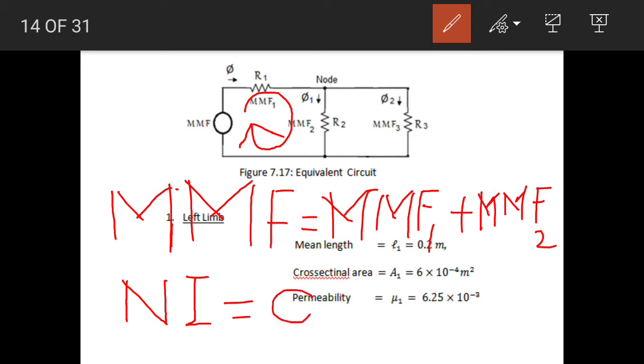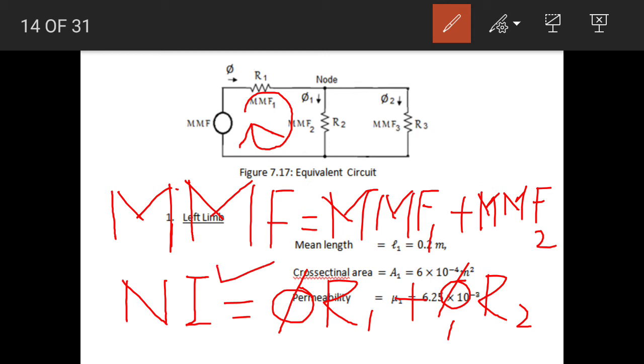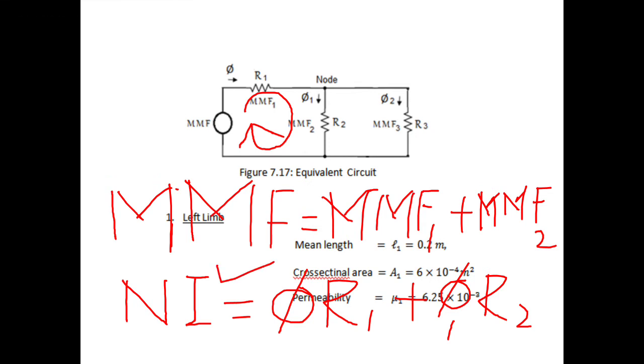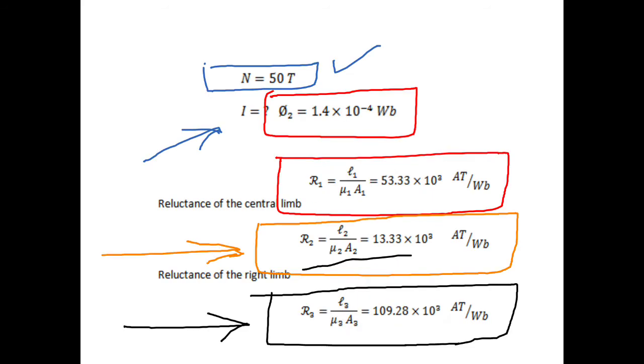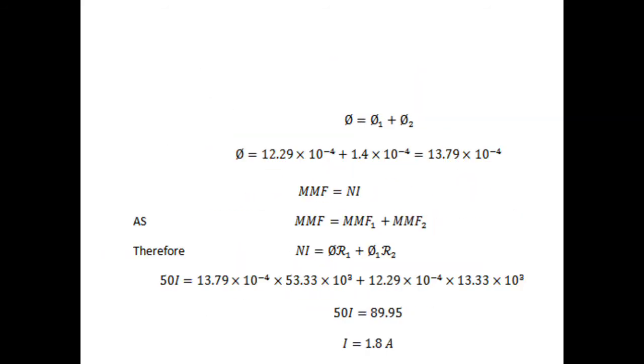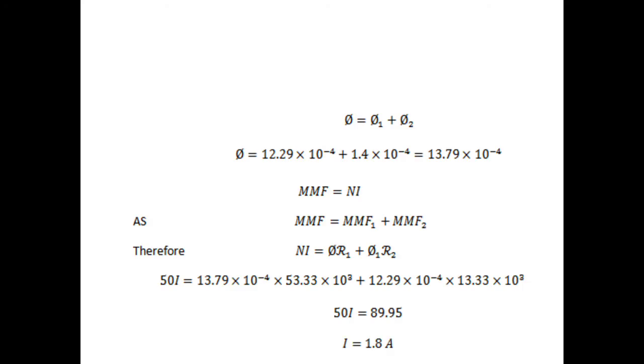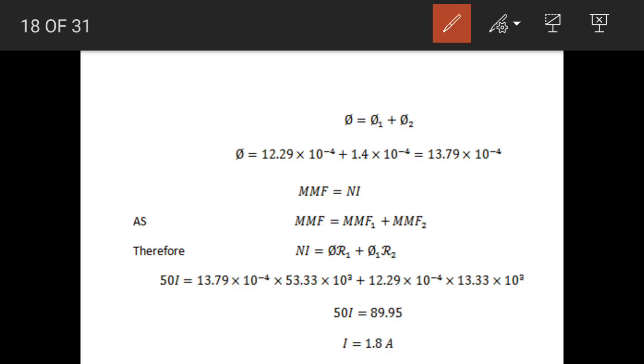MMF1 will be equal to phi R1. You see the magnetic flux in R1 is phi. And MMF2 will be equal to phi 1 R2. Everything on the right hand side is known. We can calculate the unknown current with the help of this particular equation. So we apply a law which is analogous to KVL to loop number 2.